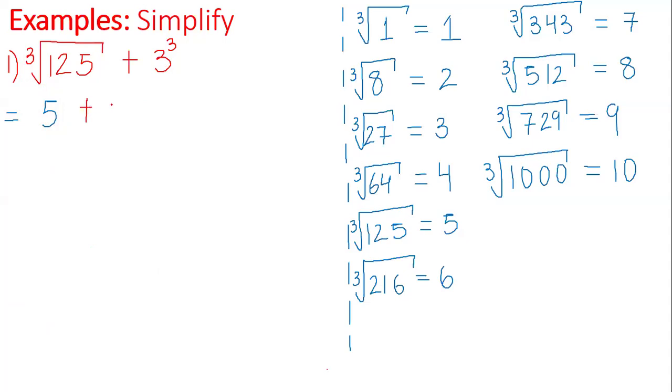That's 27, but that's going to be 3 times 3 times 3, and that's going to be equal to. Now I'm not going to do it on the line because it's going to take up too much space. I'm going to do it on the side, at the bottom.